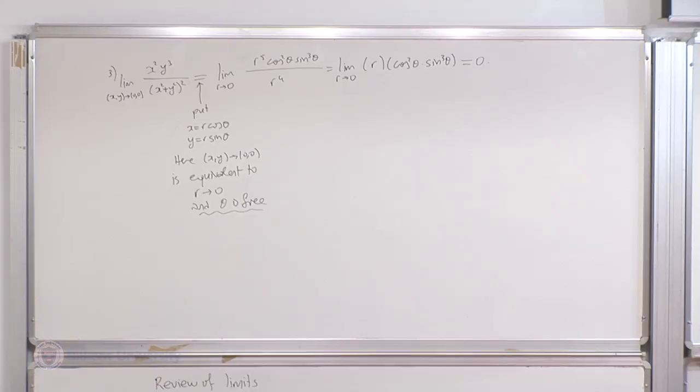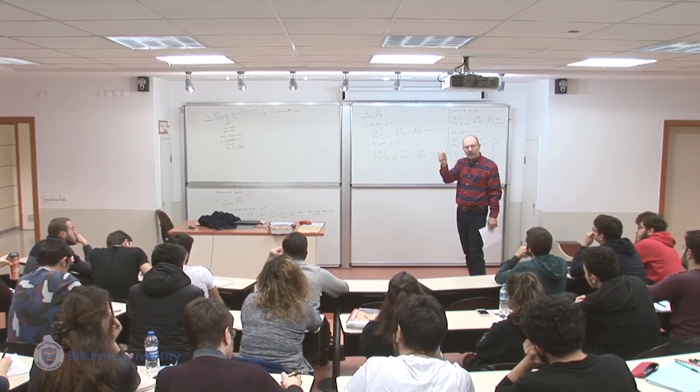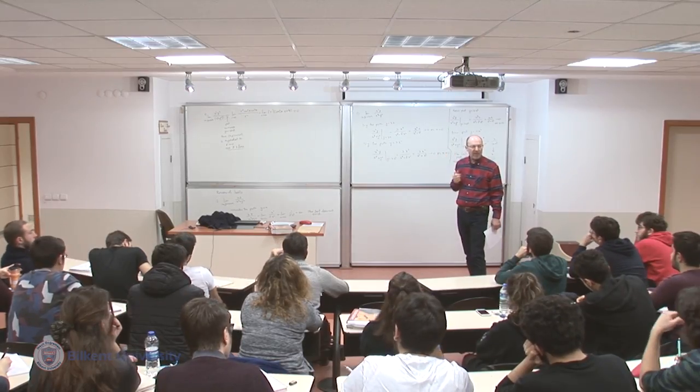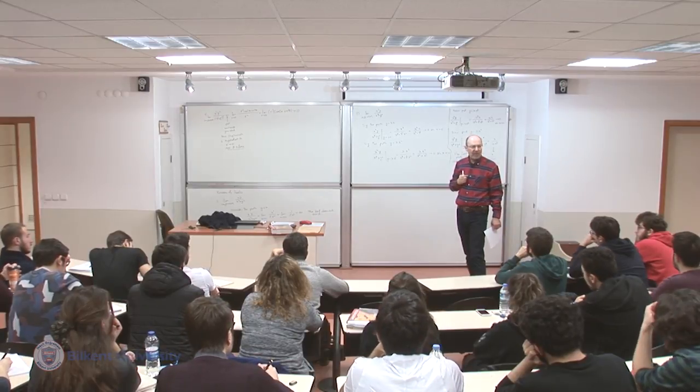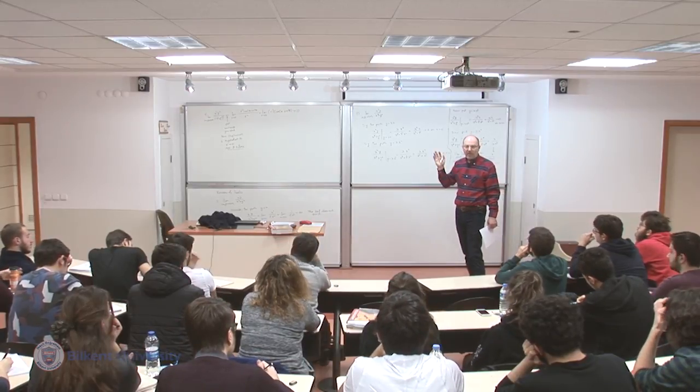The thing that fools you here is that you tend to think that theta will be constant. Theta will not be constant, because for particular values of theta the expression in theta will be acceptable, so r will kill it. But theta is also free here, so theta may jump up and down and make the denominator, if you have a denominator, 0.